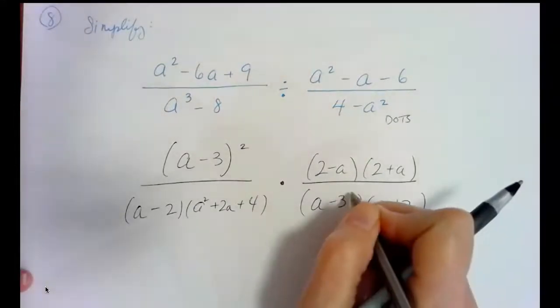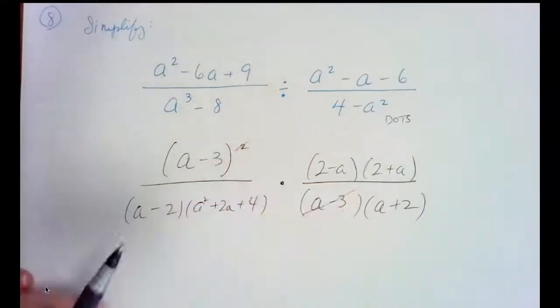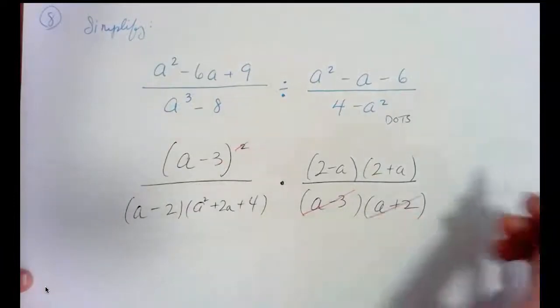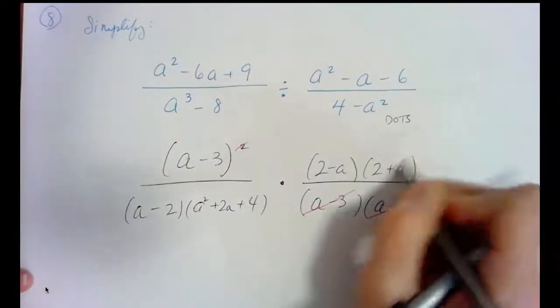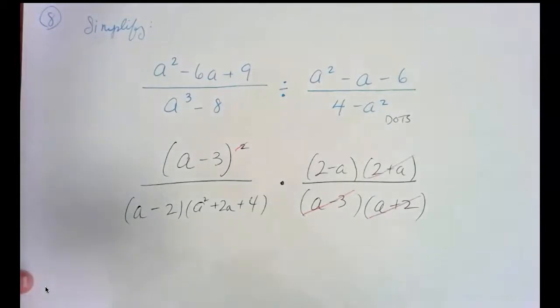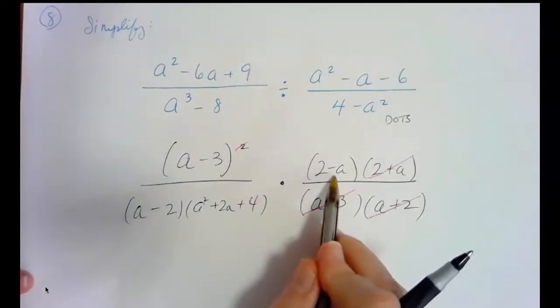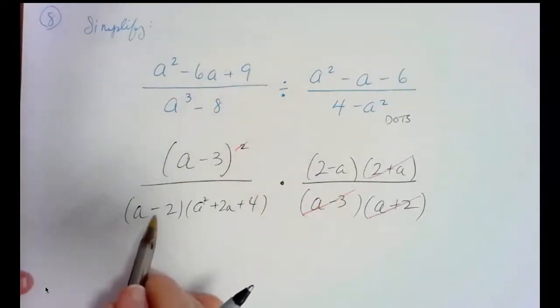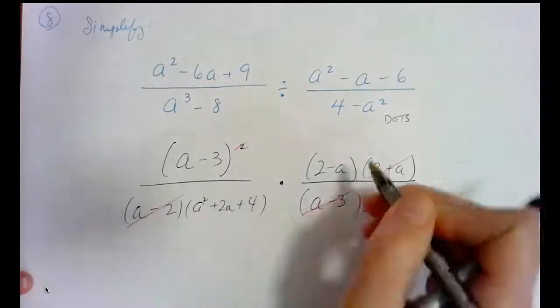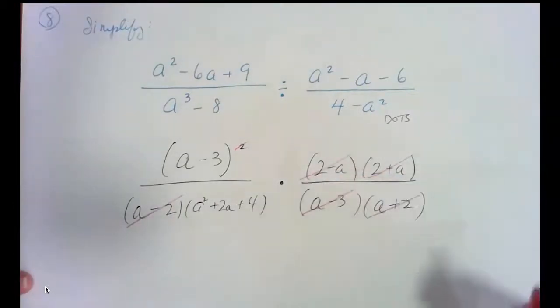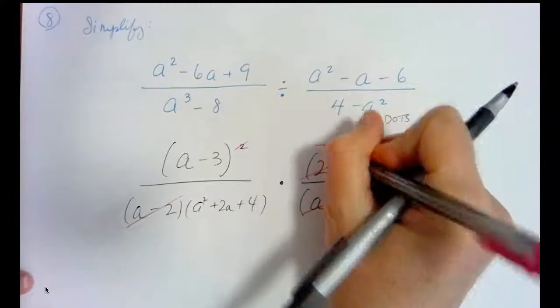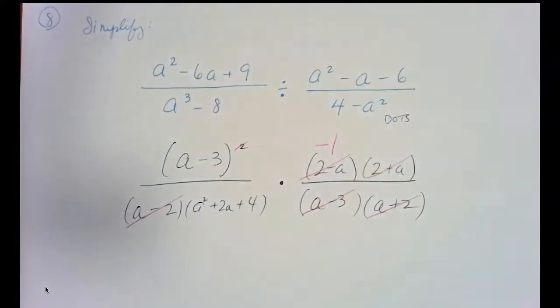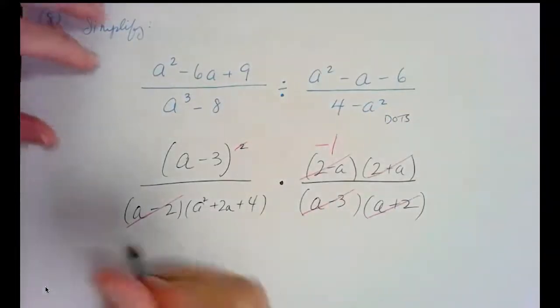So 1 power of a minus 3 cancels. A plus 2 is the same as 2 plus a by the commutative property. 2 minus a and a minus 2 are opposites. So when we cancel them, a negative 1 will pop out. So everything else remains.